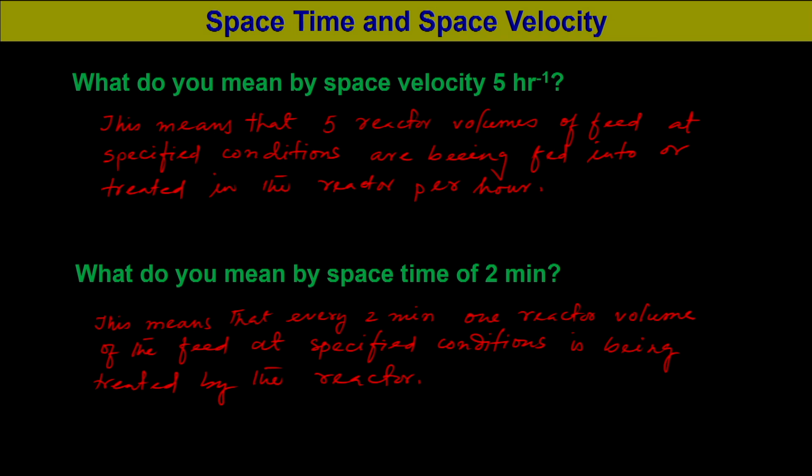So, this means at every 2 minutes one reactor volume of the feed at specified conditions is being treated by the reactor, which is the significance of a space time of 2 minutes.